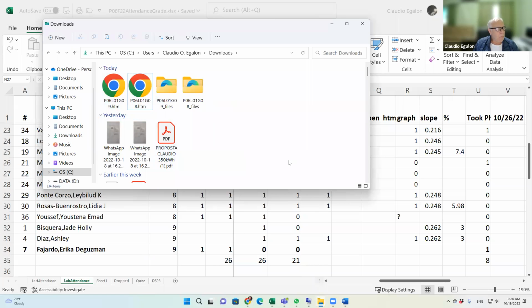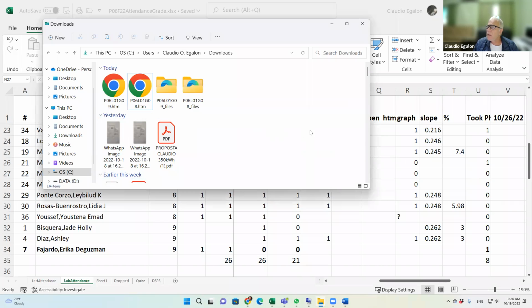Either group 8 or group 9. Do I have your authorization to do that? I'll pick one here. I'm not gonna open both of them. Group 8, yes, okay. So here goes.